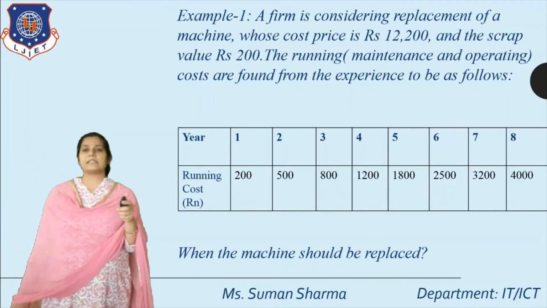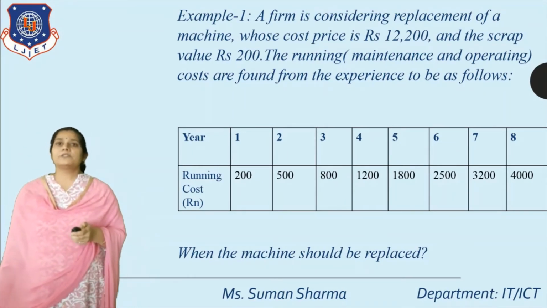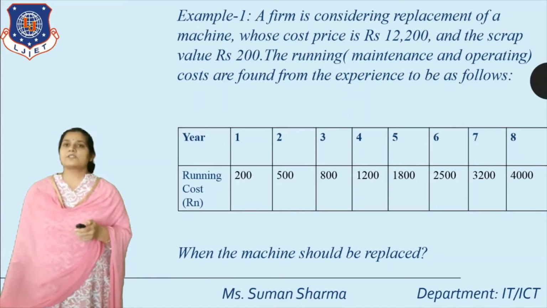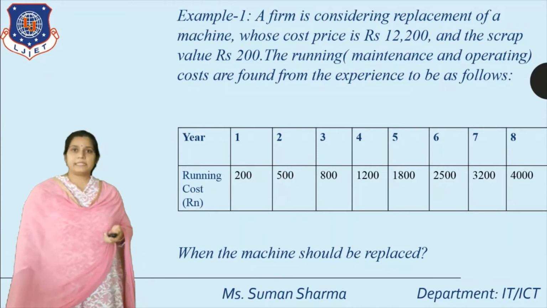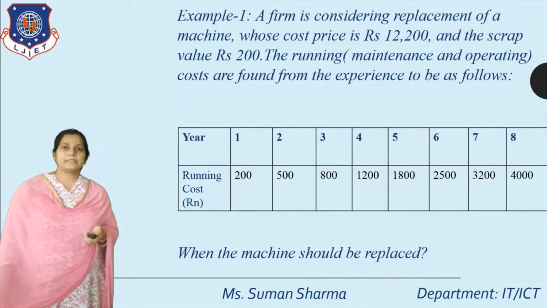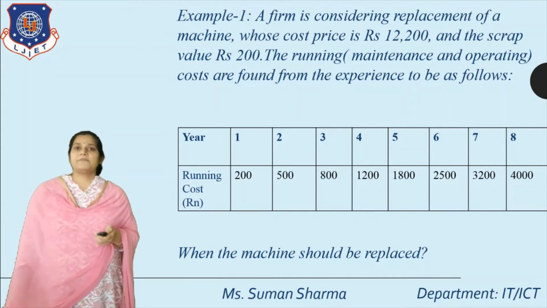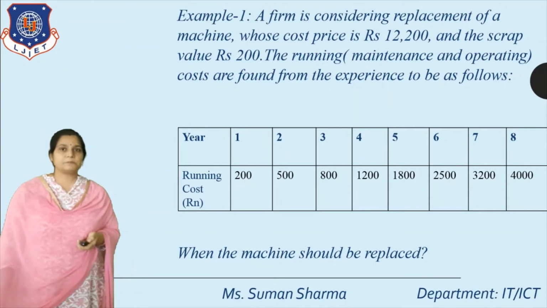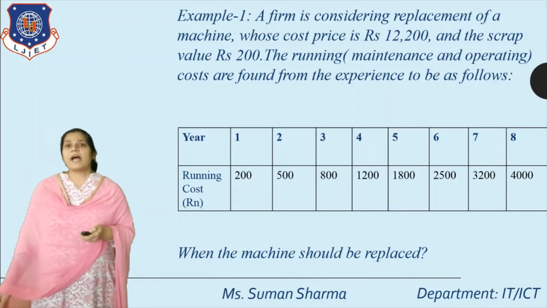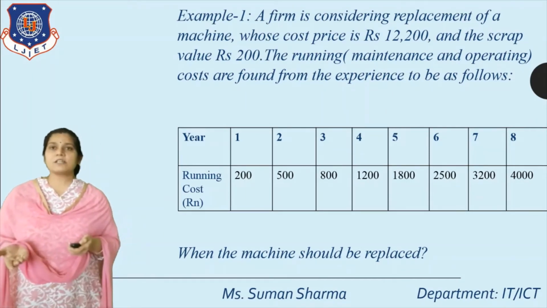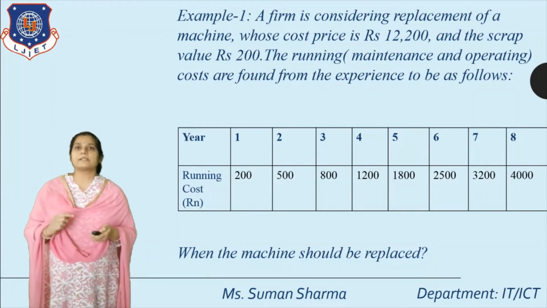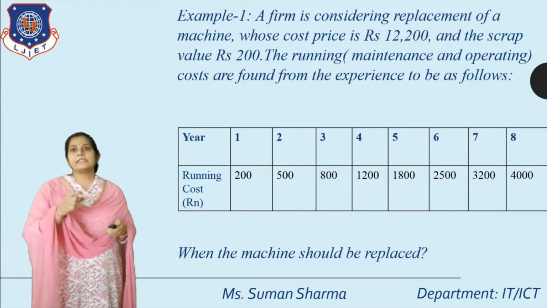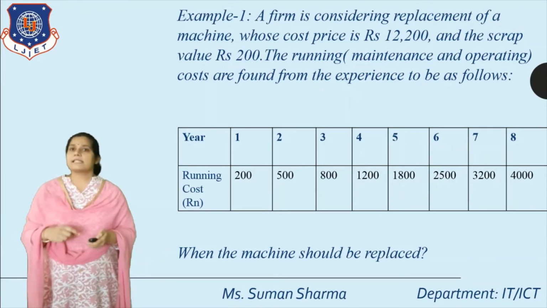The table gives years 1, 2, 3, 4, 5, 6, 7, 8 and the running cost is 200, 500, 800, 1200, 1800, 2500, 3200 and 4000. The question is when the machine should be replaced, because the cost price is 12,200, the scrap value is 200, and the running cost is given for a total of 8 years.